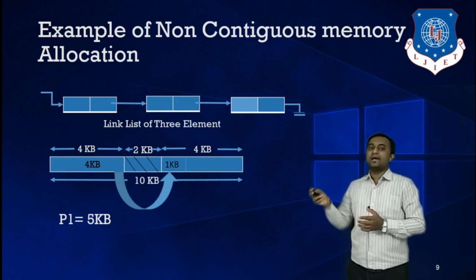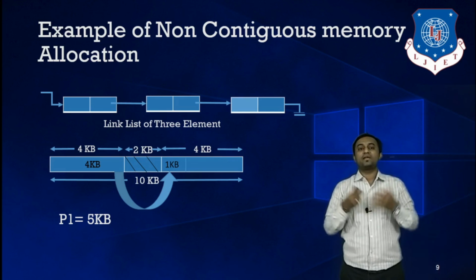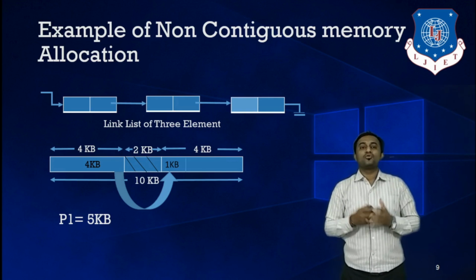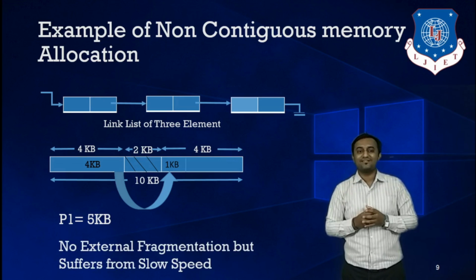This arrow represents the address of the next node, so that we can reach that information for execution.